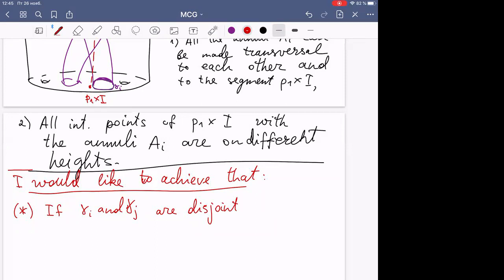But if these curves are disjoint, then in this case there are only two possibilities. Then either the corresponding annuli do not intersect, or there is another possibility.